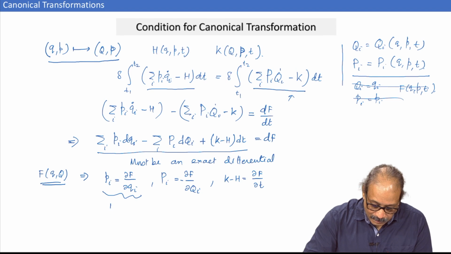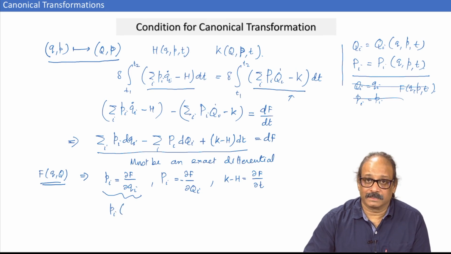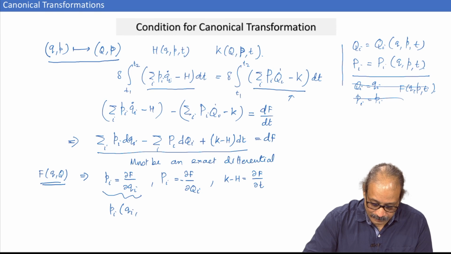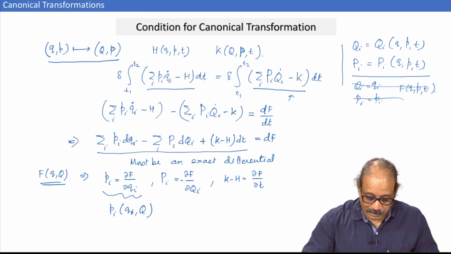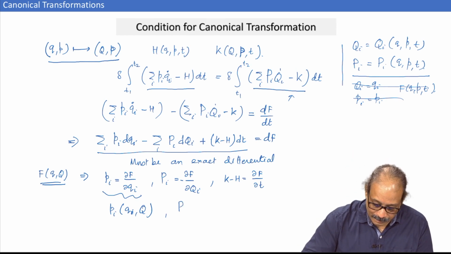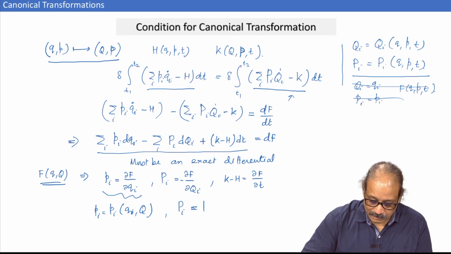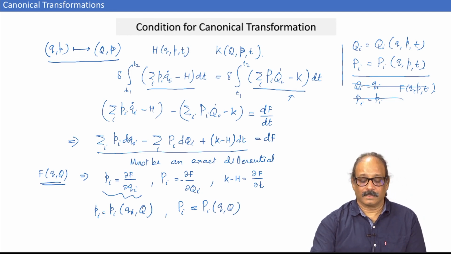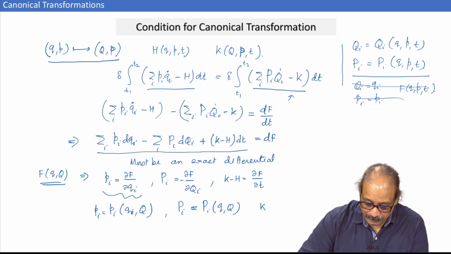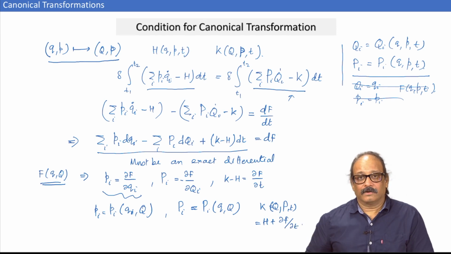Calculate now pi by taking the derivative of this. What will this do? It will give you pi, remember these are small pi's, in terms of q and capital Q, because F is a function of q and capital Q. It will also give you capital P. So, I will write this as capital Pi as some function of q and Q. And it also tells you how to transform K, which is a function of q, p and t, as K is equal to H plus partial F by partial t.